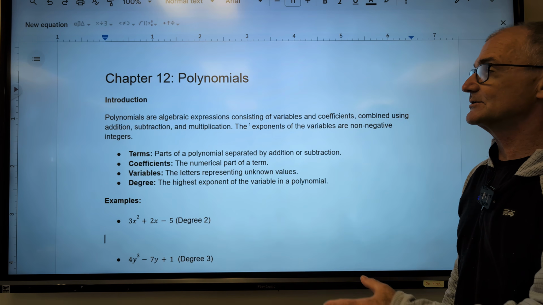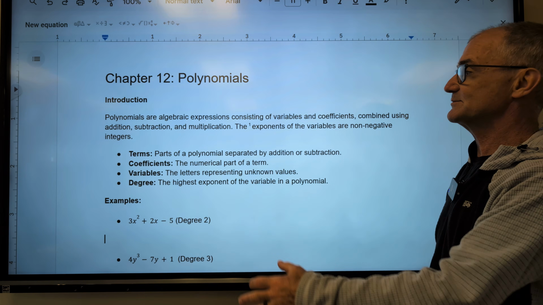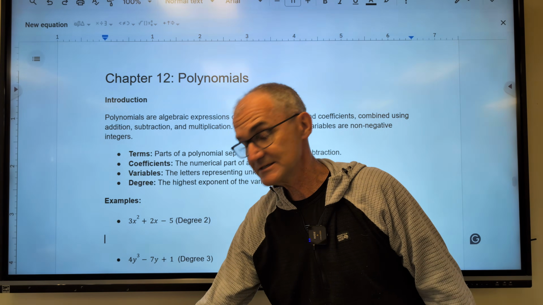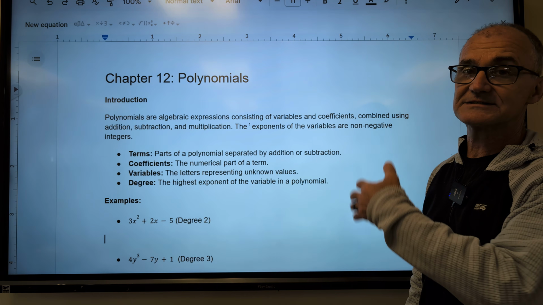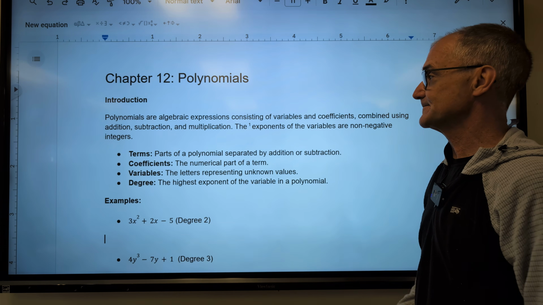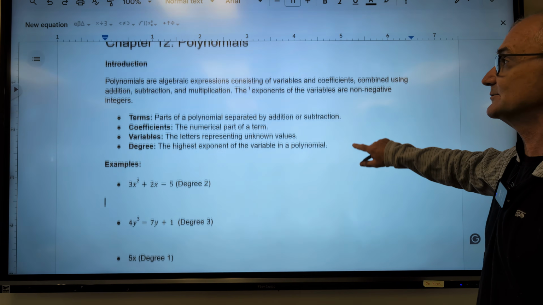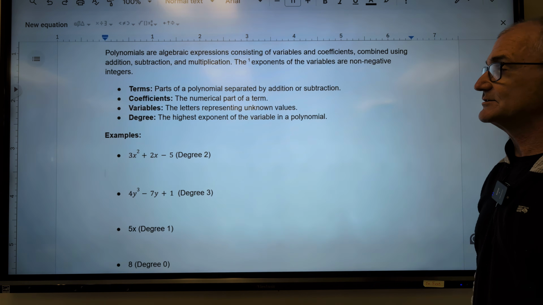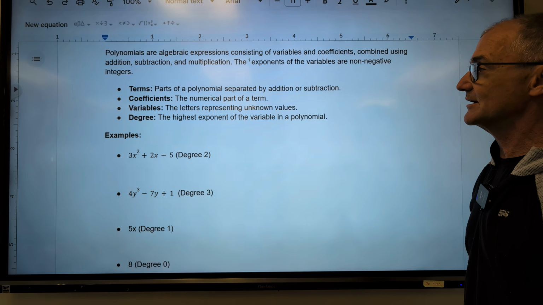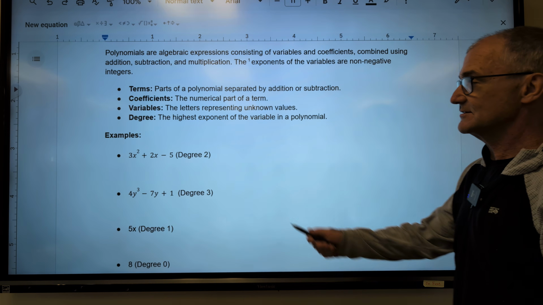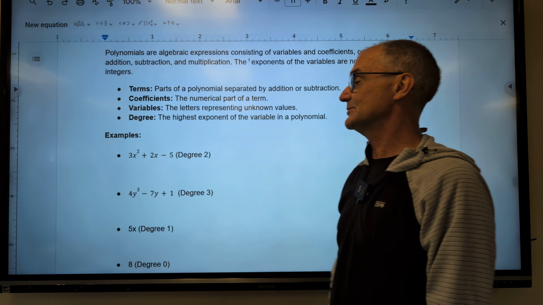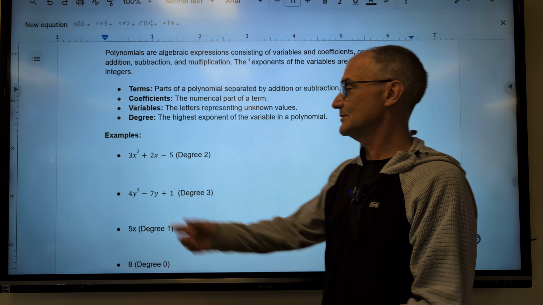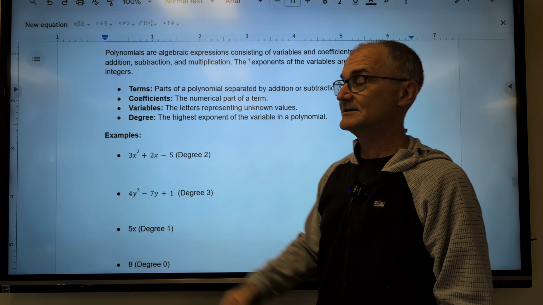A polynomial is a many-termed expression. It is an algebraic expression, and the algebra part just means it's going to have a variable x in it. It consists of both variables and coefficients, and there are a few different parts we'll talk about on polynomials. So this is an example of a polynomial here. The term would be 3x squared.